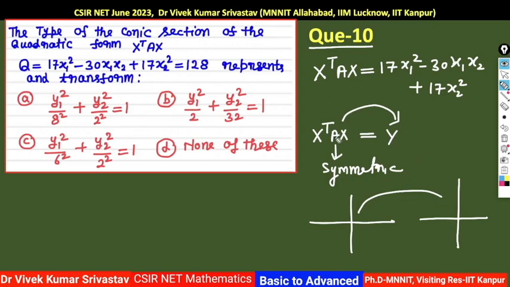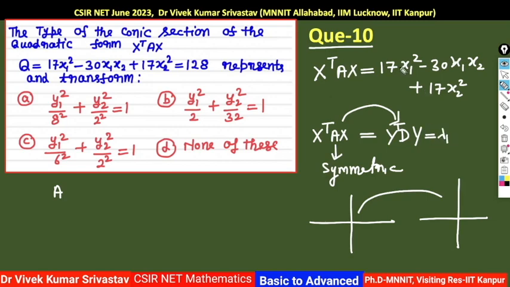And the transformation is, this matrix A is transformed to this diagonal matrix D, meaning Y transpose DY, where you know how Y is created. Y is created by the eigenvectors of this matrix A. So basically corresponding to this A, we have to calculate the diagonal matrix D, and based on this we know what is the corresponding form.